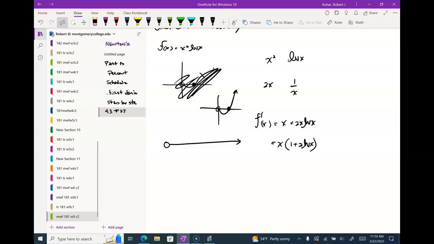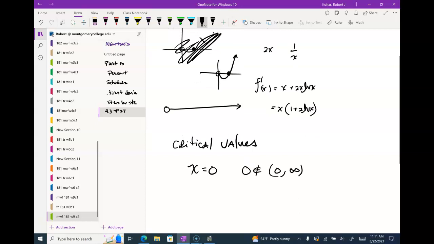Good. Critical values. x is 0, but that's not in my domain, right? 0 does not belong to 0 to infinity exclusive, so that critical is no good for me. And then 1 plus 2 ln of x equals 0 gives me what?